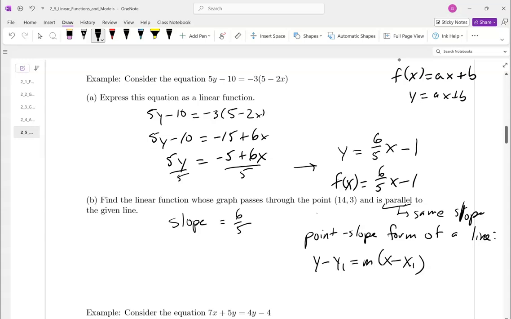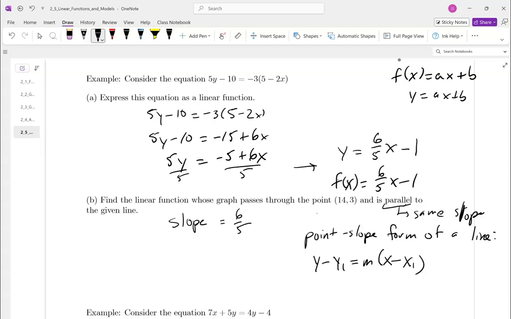If I'm given the slope, m, and a point x1, y1, I can write the form of the line this way, and then I can simplify.